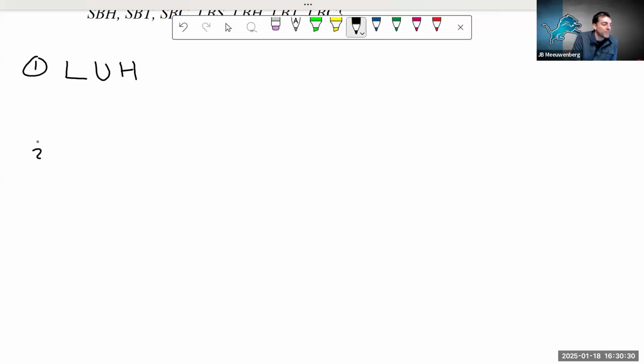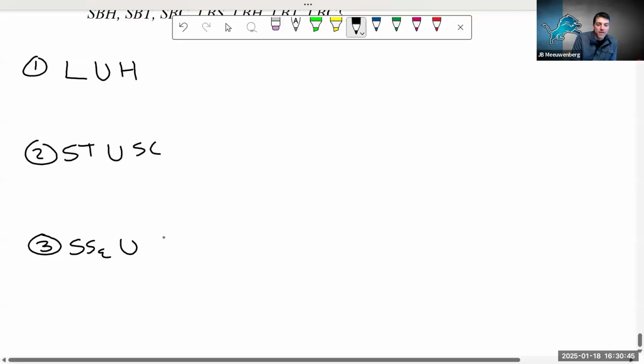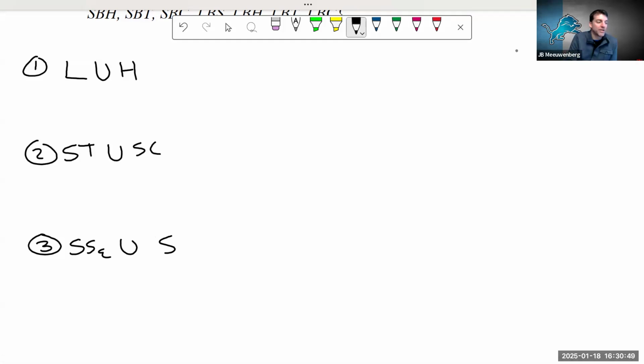For the second one, we will do small triangles union small circles. And for the third one, we will do small squares union small pieces. And so again, you're going to be sketching out these little diagrams. Go ahead and pause, try those just like we did before, and then come back.